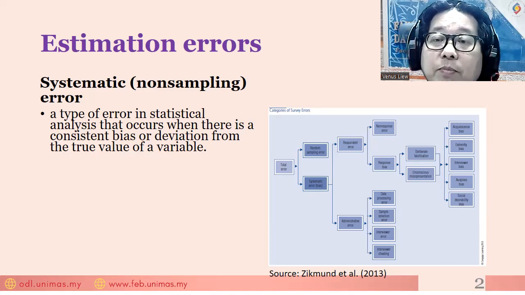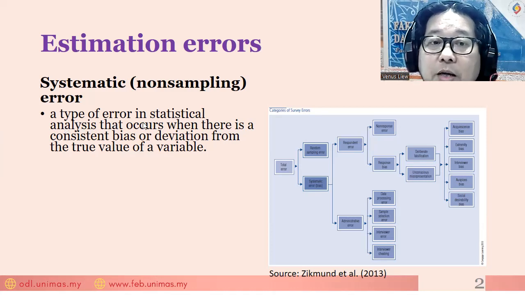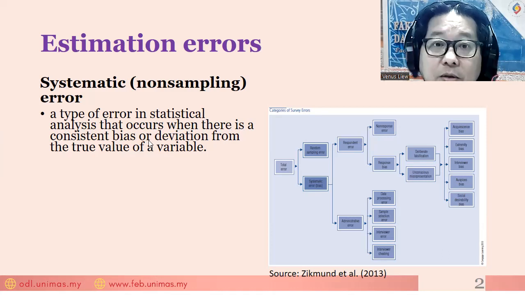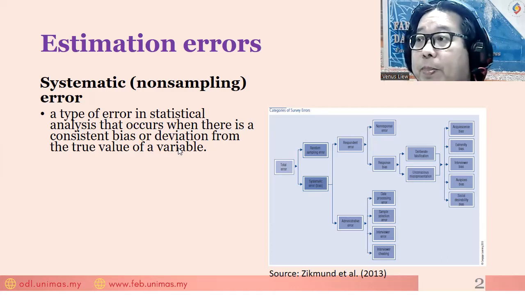There are two kinds of errors that may set in. One is systematic error, which is a type of error in statistical analysis that occurs when there is a consistent bias or deviation from the true value of the variable.